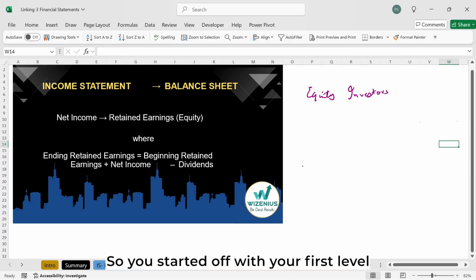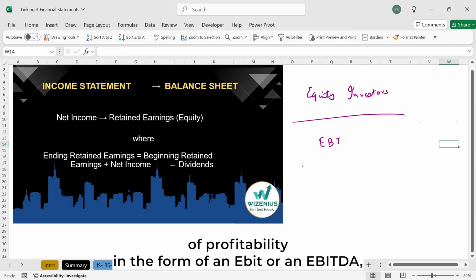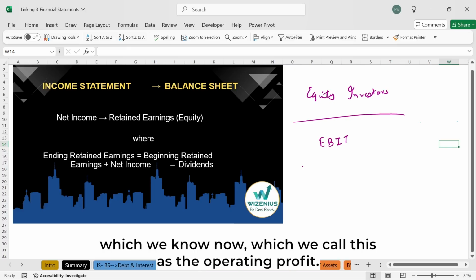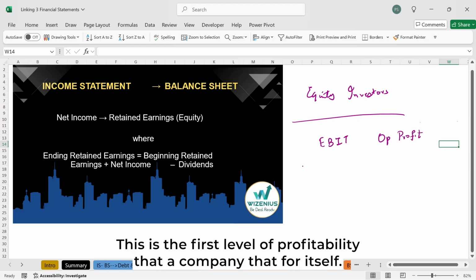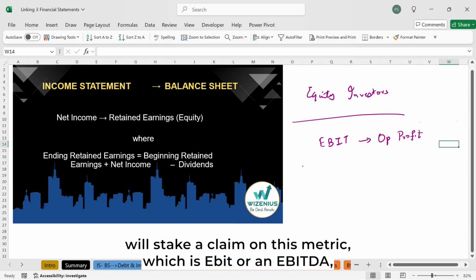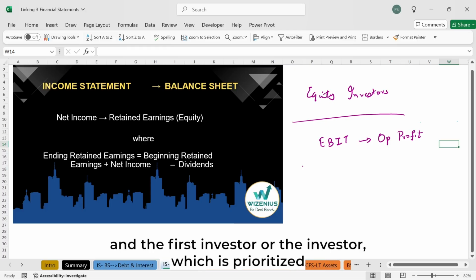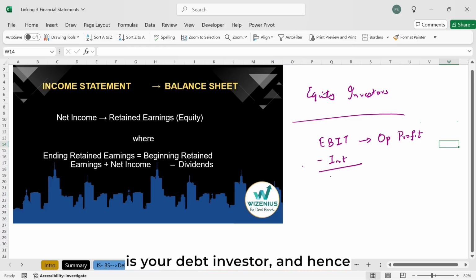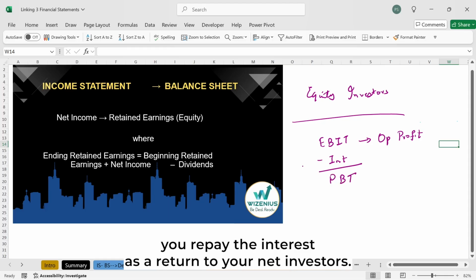So you started off with your first level of profitability in the form of an EBIT or an EBITDA, which we call the operating profit. This is the first level of profitability that a company achieves for itself. Now both your debt investors as well as equity investors will stake a claim on this metric, EBIT or EBITDA, and the investor which is prioritized is your debt investor, and hence you repay the interest as a return to your debt investors first.